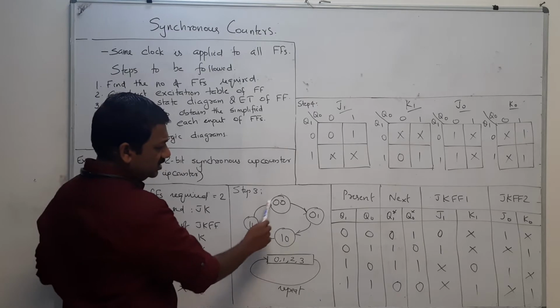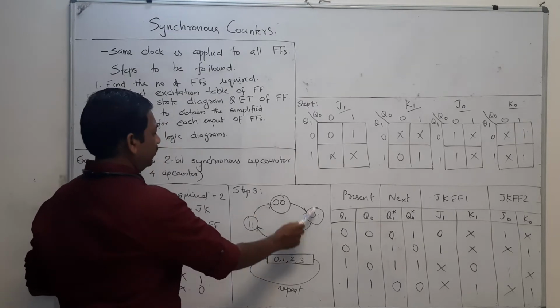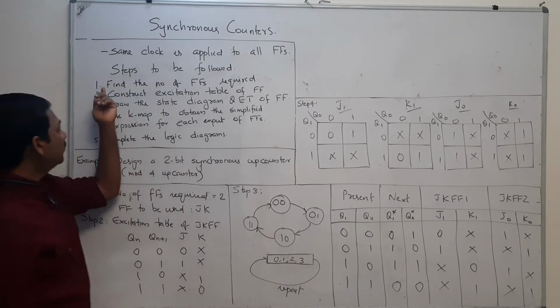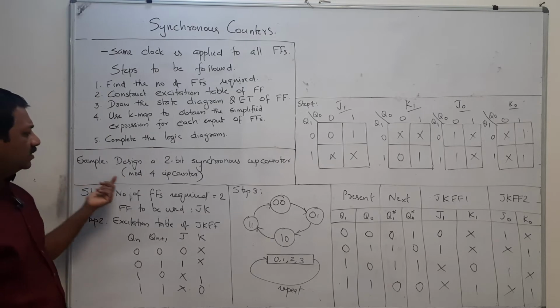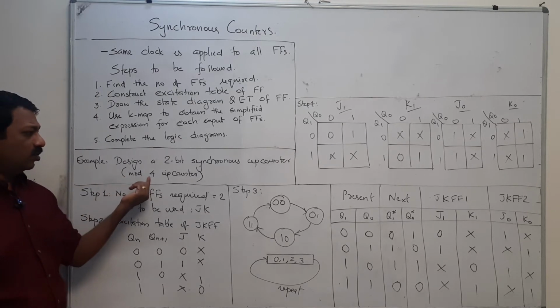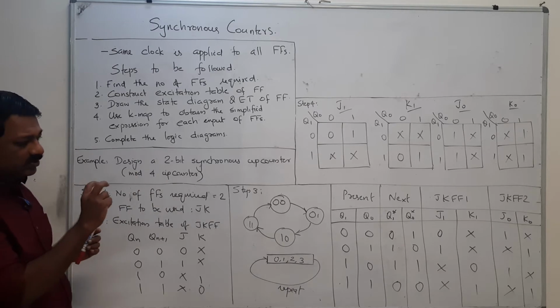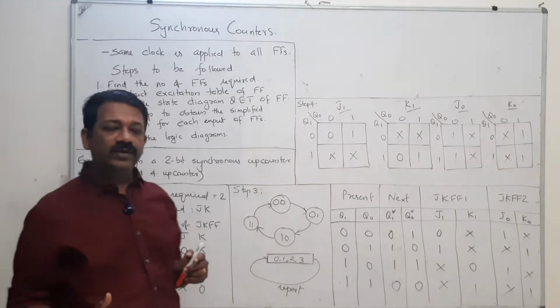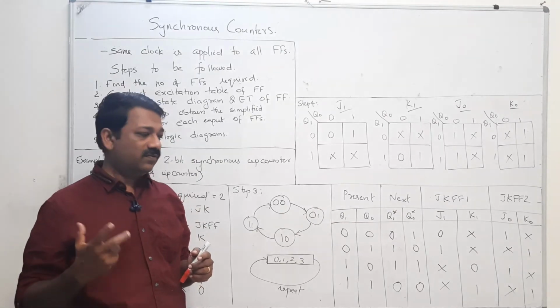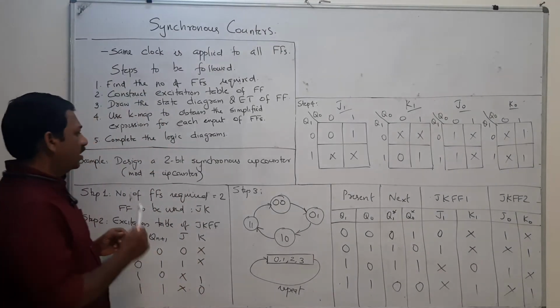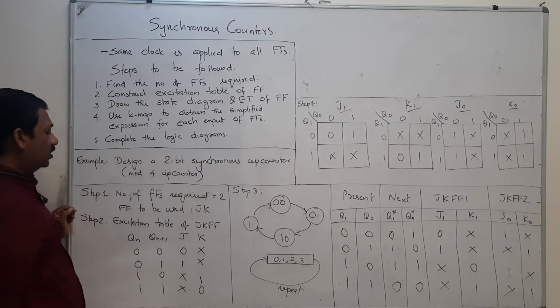This is the state diagram for that. This is a mod 4 up counter. After 00, the next state is 01, 10 and 11. Design a 2-bit synchronous up counter.